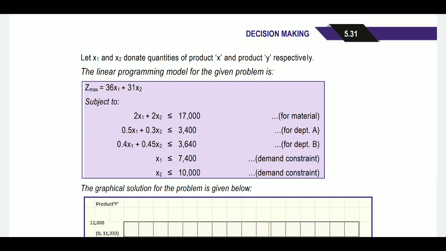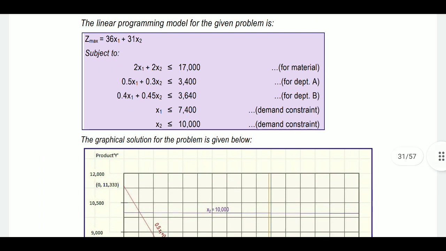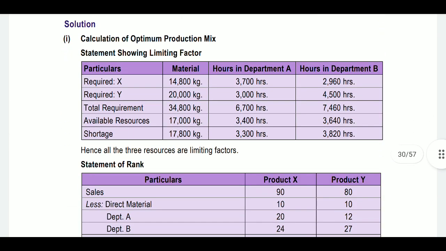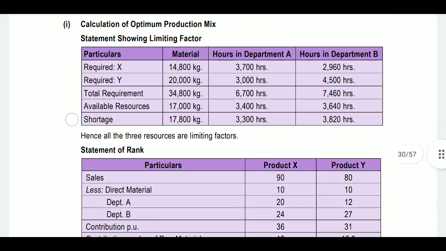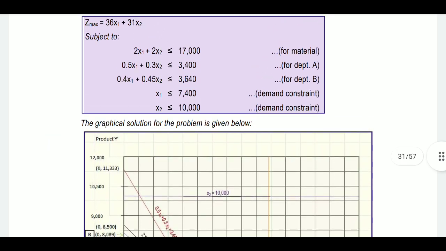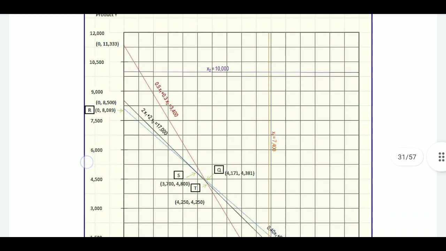Maximize 36x1 plus 31x2, subject to 2x1 plus 2x2 less than or equal to 17,000, that is the material constraint. Next, department A is 3,400 and department B is 3,640. From these we will get the x1 and x2 values, with demand constraints. The graphical solution for the problem is given below.